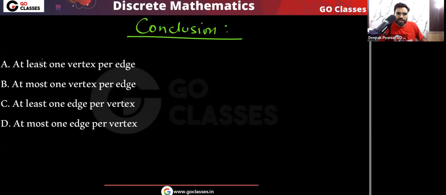Per edge, we are taking at least one vertex. This is your vertex cover. Yes or no? Per edge, at least one vertex we are taking. So this is vertex cover. We have already seen. At most one vertex per edge we are taking. Okay. Per edge, at most one vertex we are taking. So this is independent set.